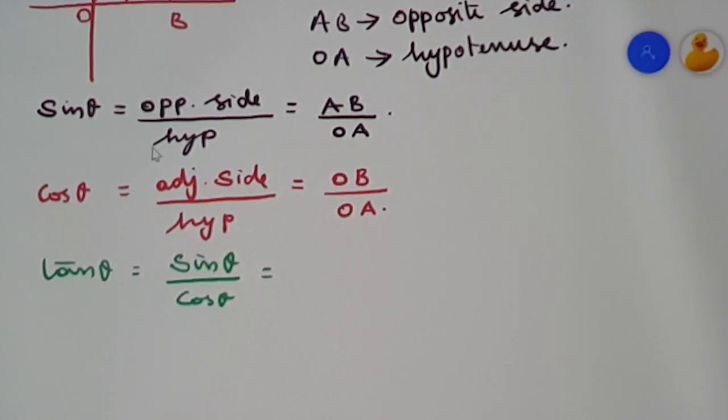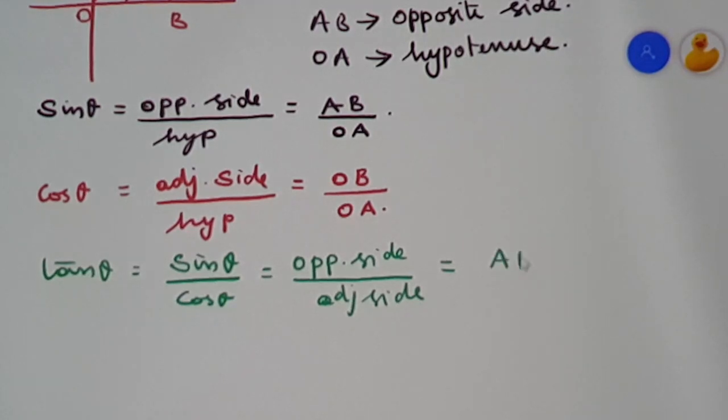If you divide sine theta by cos theta, the hypotenuse will get cancelled, so you will get opposite side divided by adjacent side, which is AB divided by OB. That is tan theta.